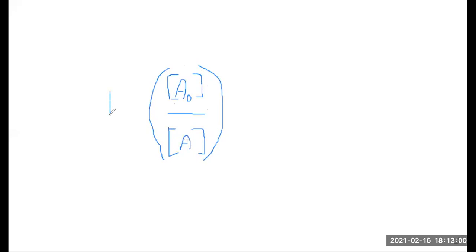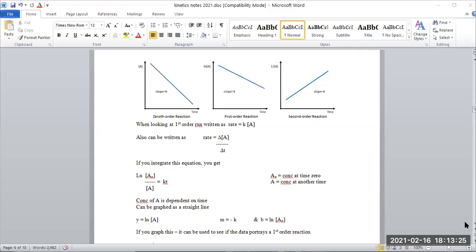And your natural log would actually be on the outside of this giant set of parentheses. Like I said, Microsoft Word is kind of problematic in terms of writing really large parentheses that encompass more than one line. So you can go back and have a look in your book to get a better view of that.